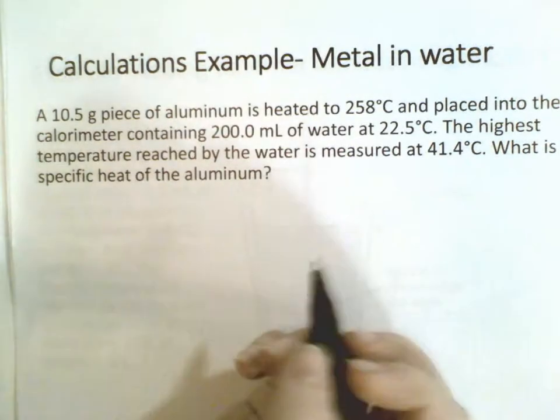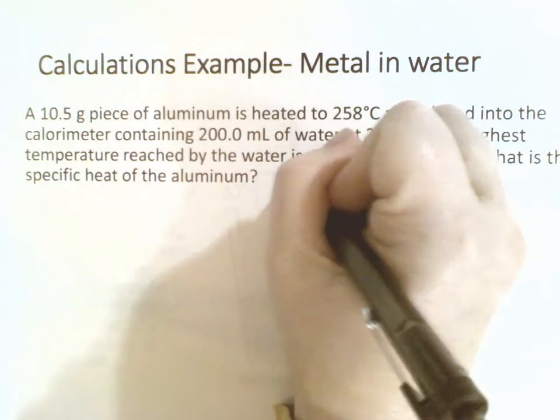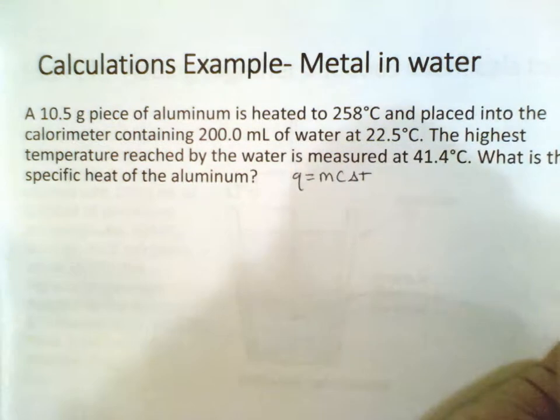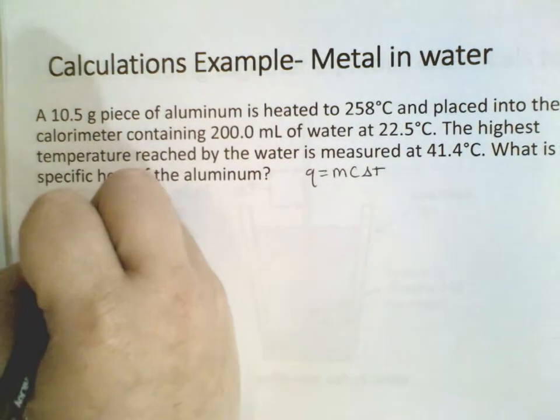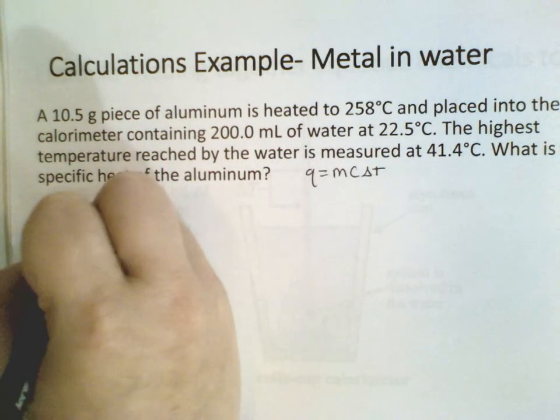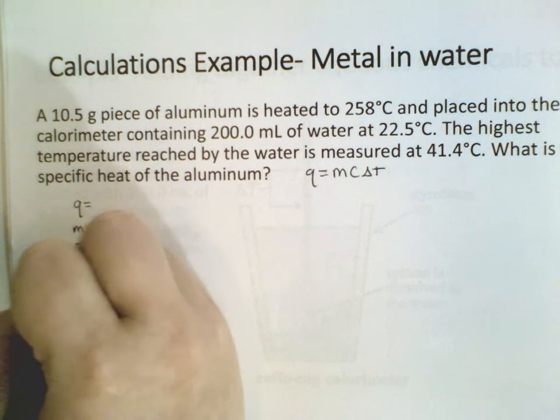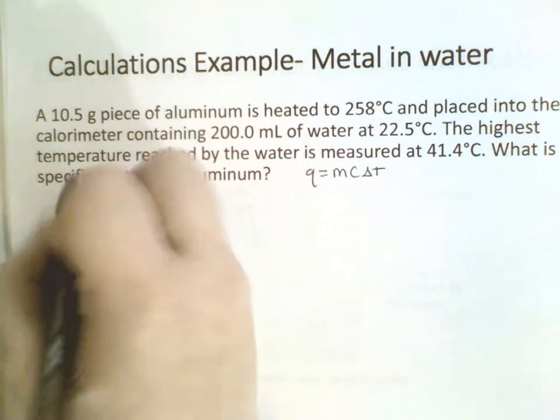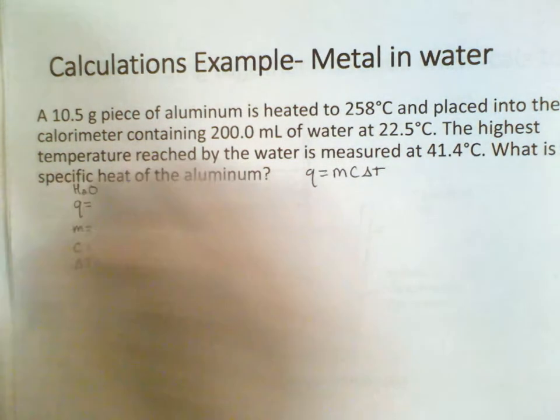So our equation is the same one we've been using, Q equals mc delta T. We're going to list out our variables there: Q, m, c, and delta T. And we're going to focus this list on water.